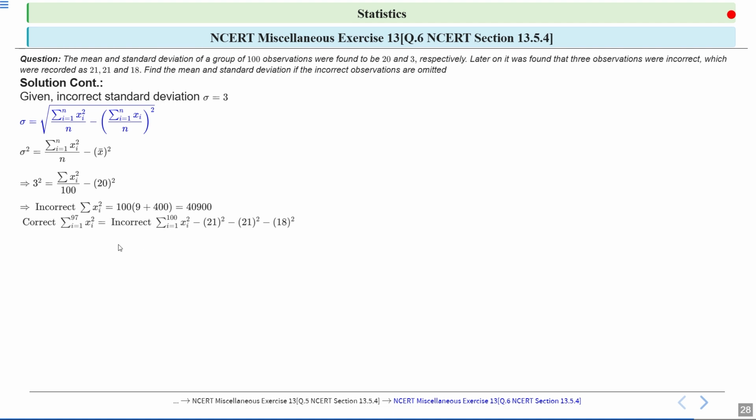So the correct sum from i equals 1 to 97 of xi squared is the incorrect sum from i equals 1 to 100 of xi squared minus 21 squared minus 21 squared minus 18 squared. This is equal to 40,900 minus 441 minus 441 minus 324. This is equal to 39,694.